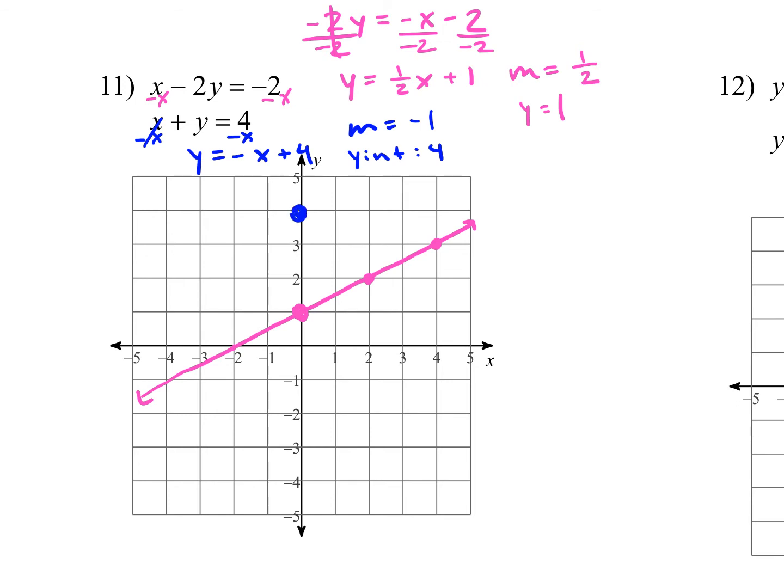Then how do I do the slope of negative 1? Down 1, right 1, down 1, right 1. Just connect your points. So where do these two lines intersect? Awesome. 2, 2. So that's my answer.